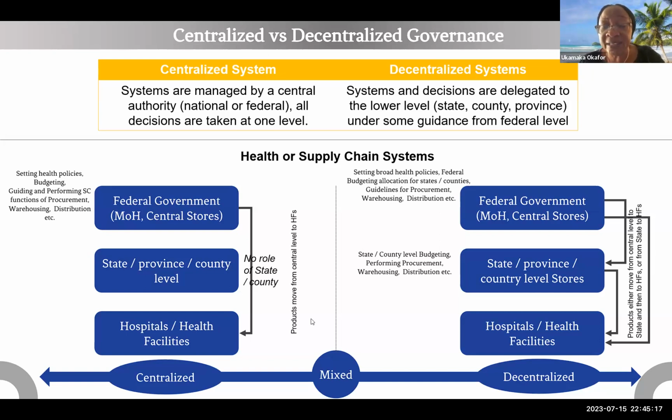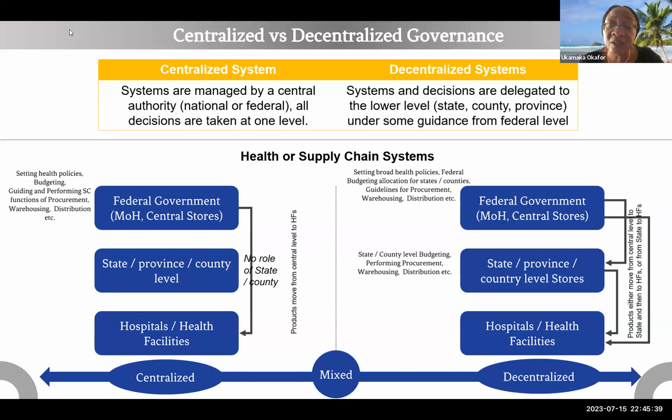Then in some countries like Nigeria, we have a decentralized structure of governance of supply chain. In that structure, the federal government sets policies at the Ministry of Health level and does the strategic planning.